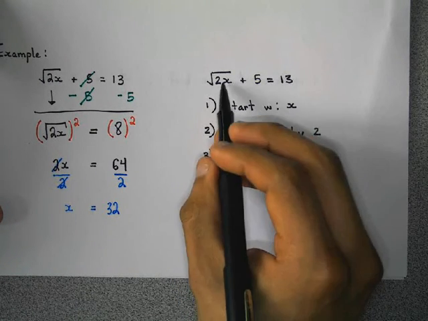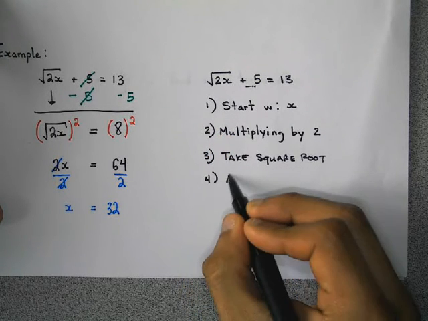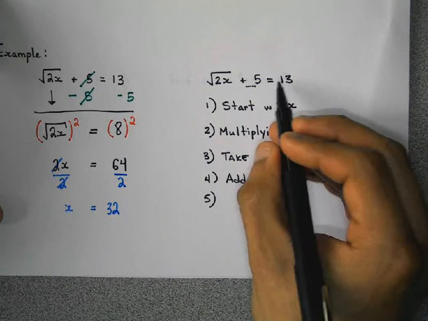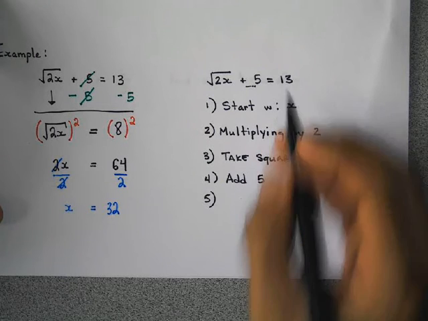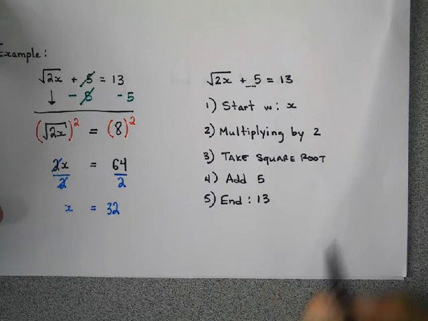And then after we take a square root, it looks like we're adding 5. So step 4 would be to add 5. And then after we add 5, it looks like we come to an end. That's the end of our equation, and we end with 13.